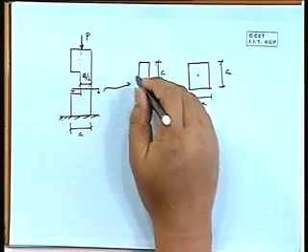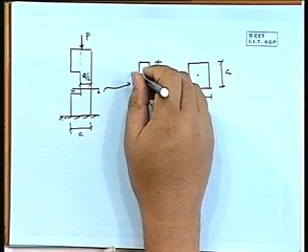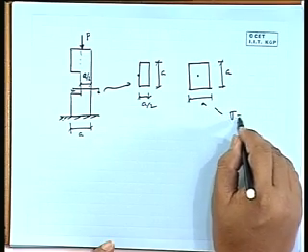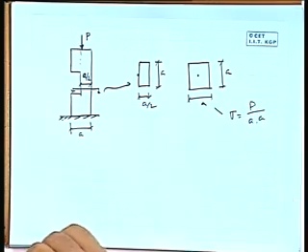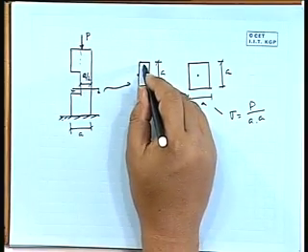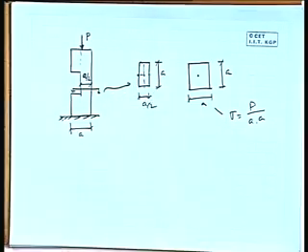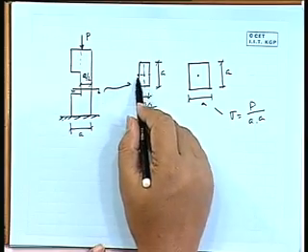Now here it is acting at this point, right. Now in that case, sigma is straightaway P divided by A into A. Now here for this cross section, the centroid is shifted to this point and the load is here, right.